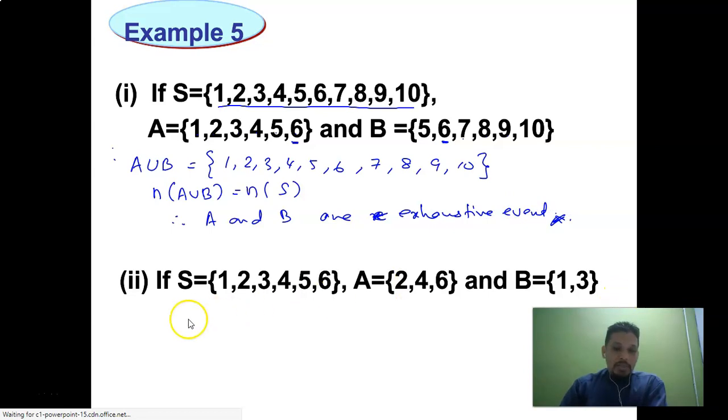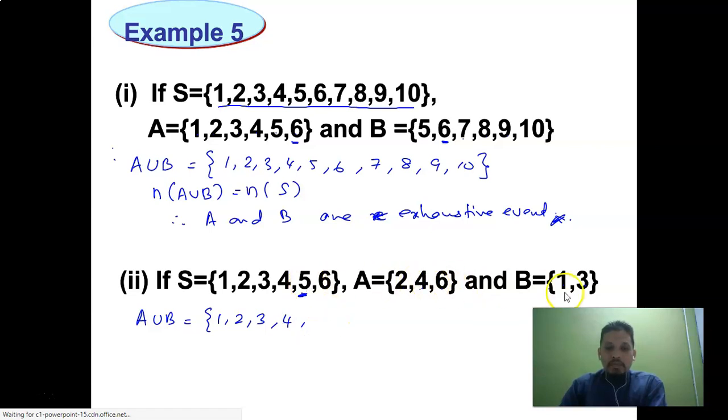So next one here, the sample space is 1, 2, 3, 4, 5, and 6, with A as 2, 4, 6 and B as 1, 3. There is no number 5 either in event A or B here. So A union B is 1, 2, 3, 4.